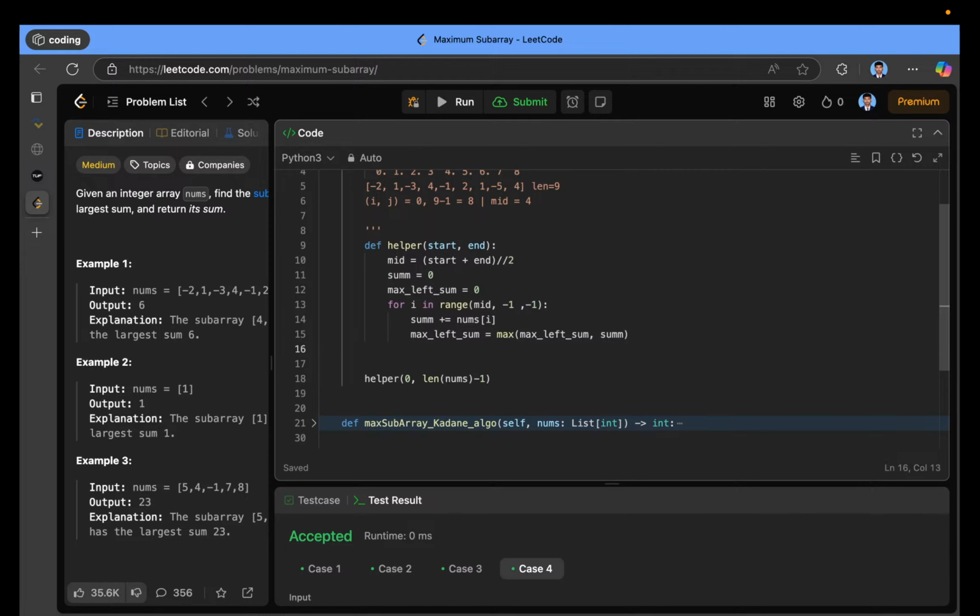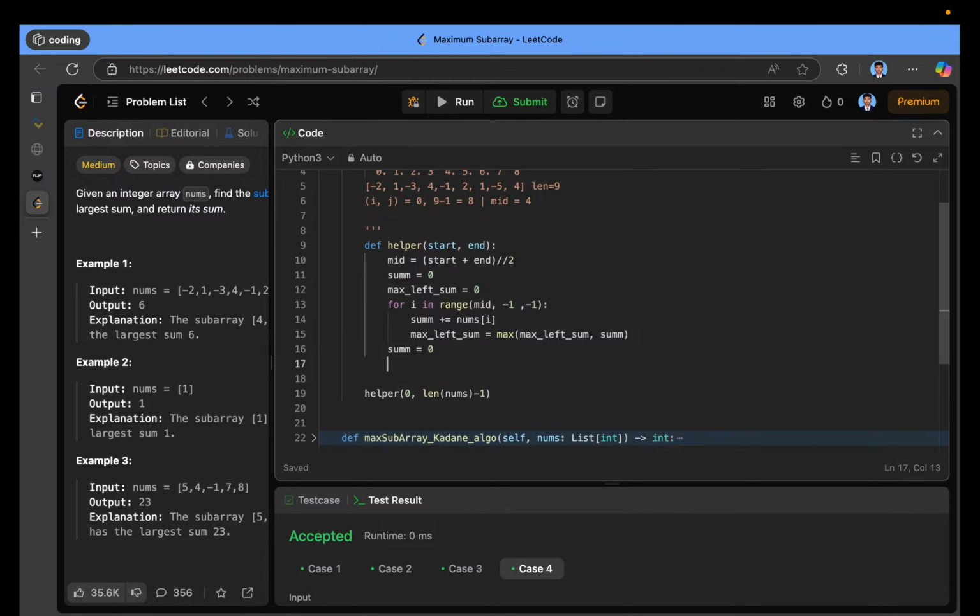Okay, the thing that I have done with left I also have to do with right. Again sum equals 0, max right sum equals 0, for i in range.